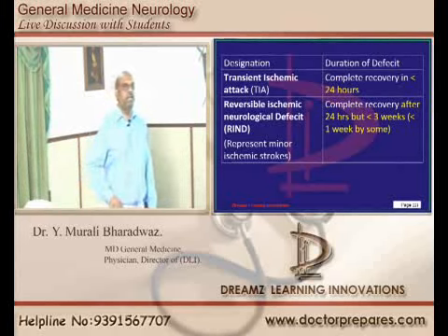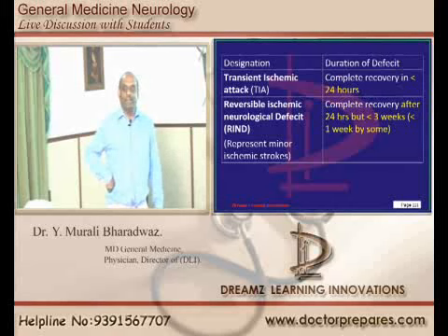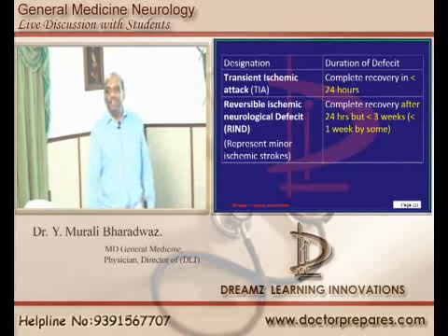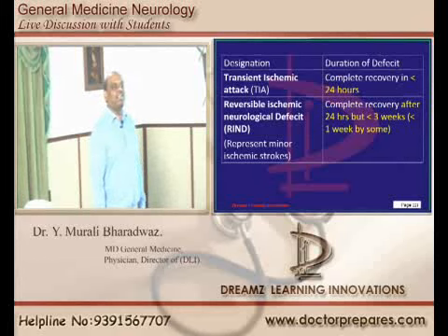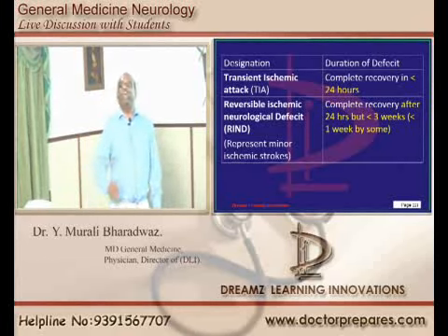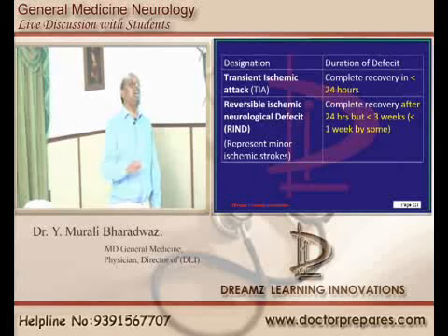The daughter-in-law will say, it is all acting, there is nothing, I even took leave from office for my mother-in-law. It reduced in 24 hours, I thought the old lady would at least have her hand and leg fall. What is this? Then you should tell, don't worry, daughter-in-law, this is called TIA. So you continue to give aspirin, you continue to restrict salt in the food.